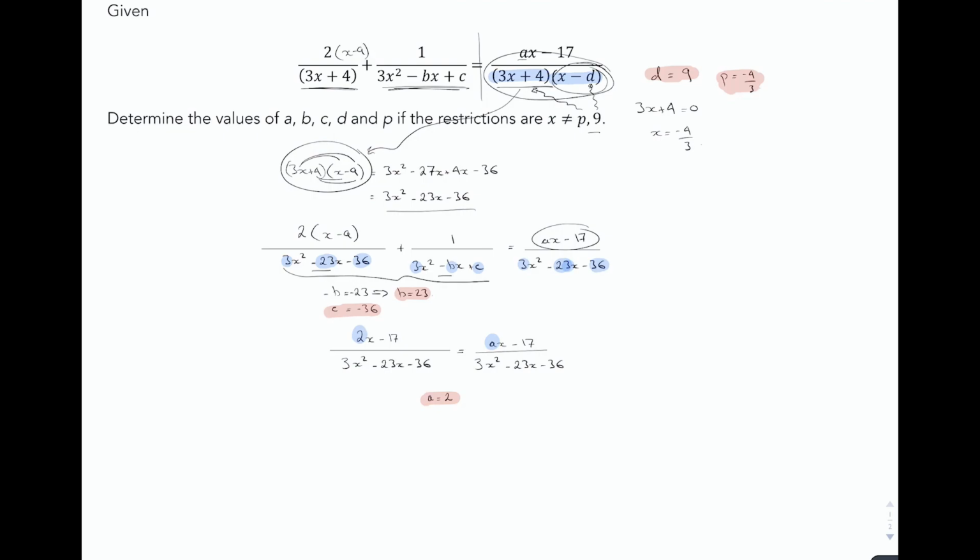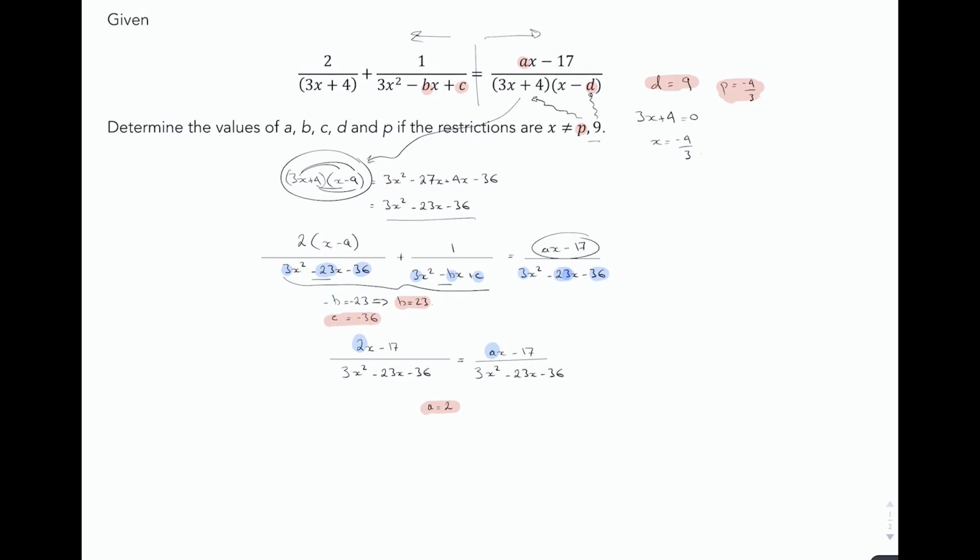In other words, go back to the original equation up here and substitute in all the values that we found for the unknowns b, c, a, d, and p, and check that the left side equals the right side. If it does and it works out, we have a solution.